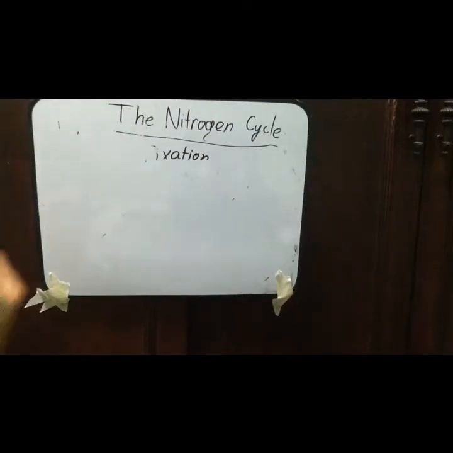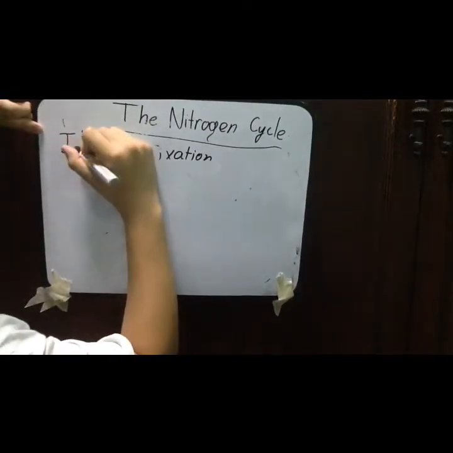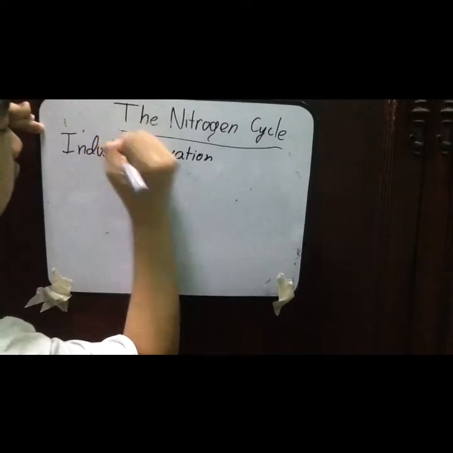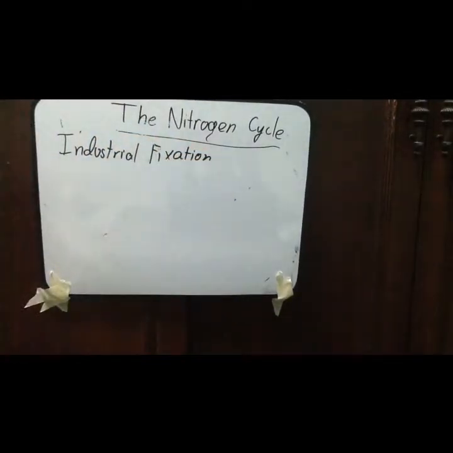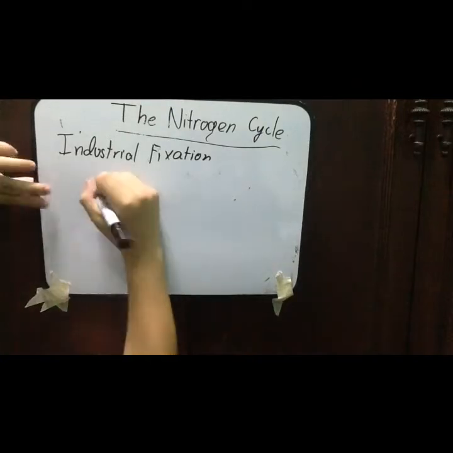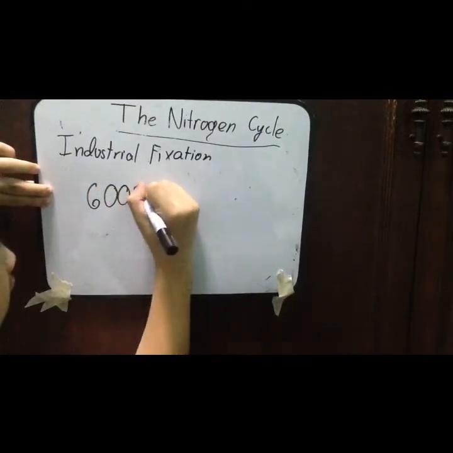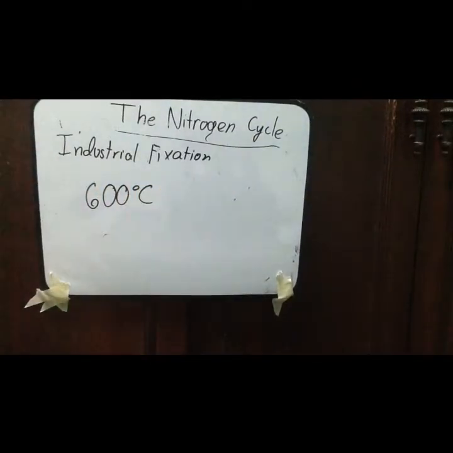The next method is what we know today as industrial fixation. In this process, great pressure and temperatures up to 600 degrees Celsius are used for atmospheric nitrogen and hydrogen to combine to form ammonia, which can be used as a fertilizer.